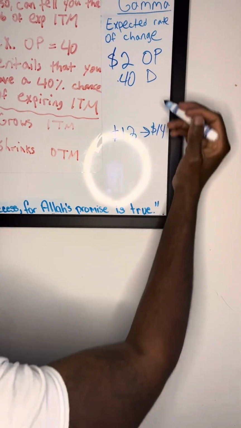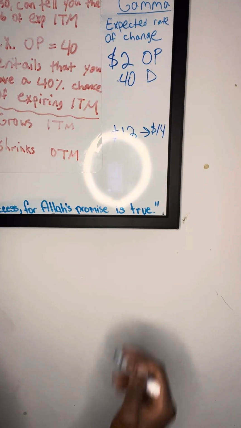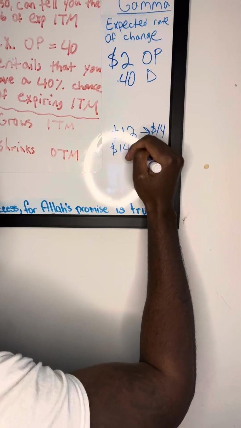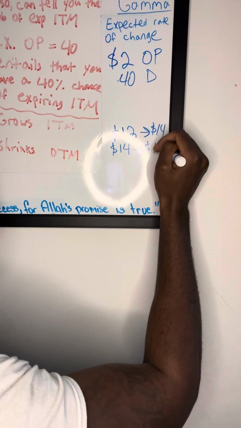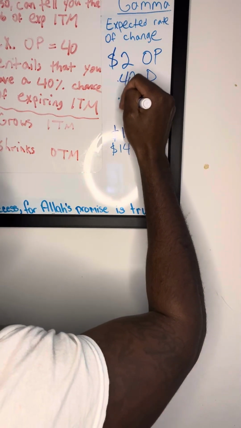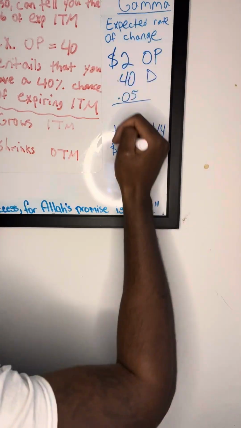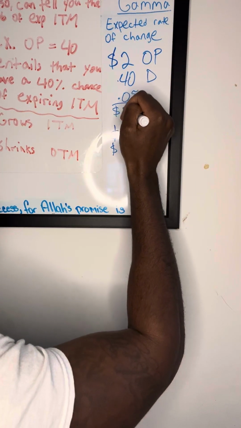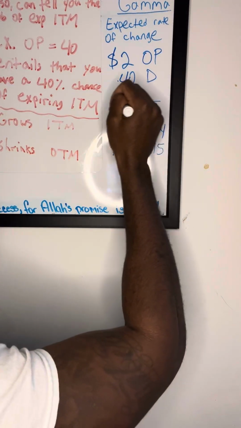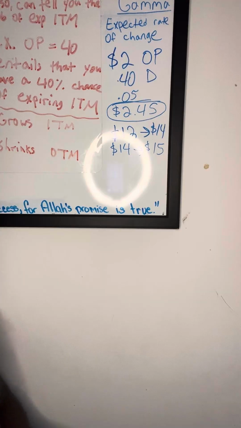That $1 move causes delta to be added to the options premium. Now, the next dollar move, which will be $14 to $15, that's where you add gamma. And let's say gamma is 0.05 in this particular instance. You add all three of these numbers up, right? And now you have 2.45. This $2.45 represents the options new premium.